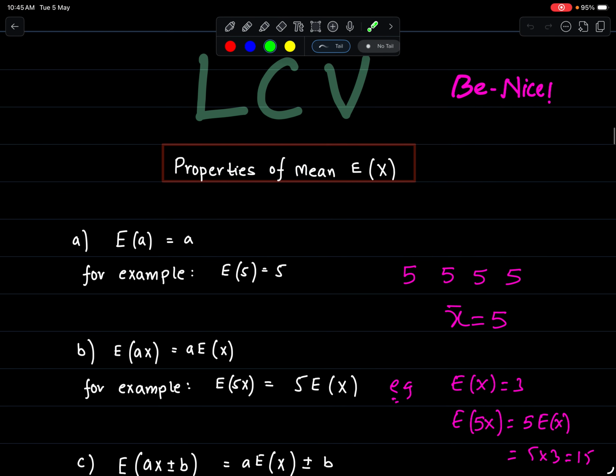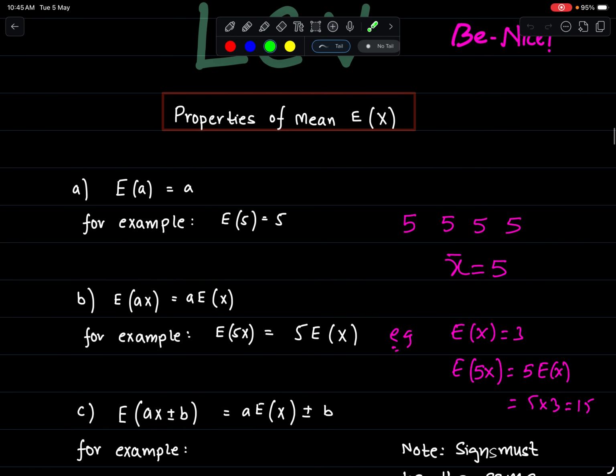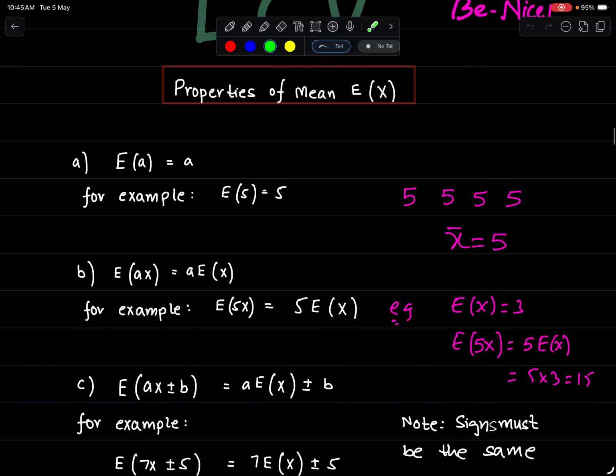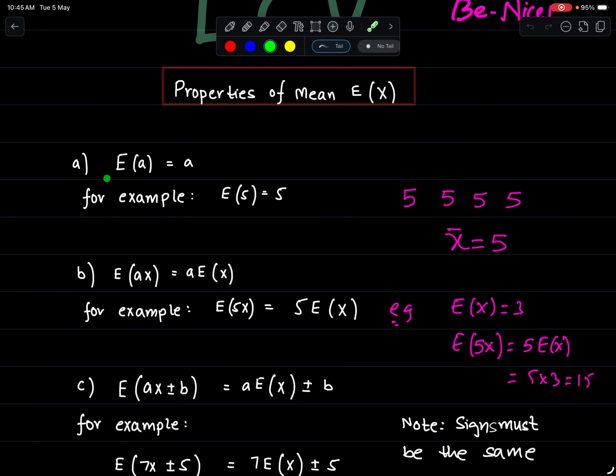Okay, in linear combinations of random variables, we must know the properties of mean and variance. So mean of a constant is constant, like E(5) is 5, because all observations are the same, so the mean is also the same.